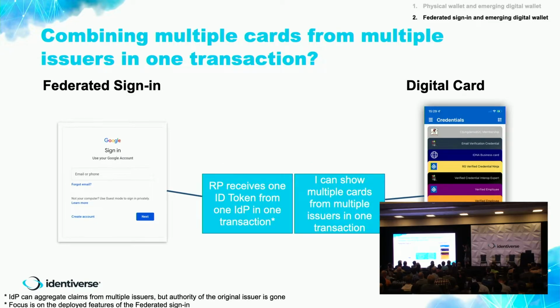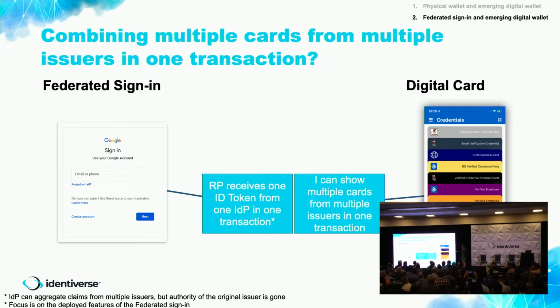Can I combine multiple cards? Well, technically, when I go back to the Department of Motor Vehicles in Washington State, they can go to my employer, my house insurer, get their data from them, under my consent, of course, and aggregate it and send it to the hotel.